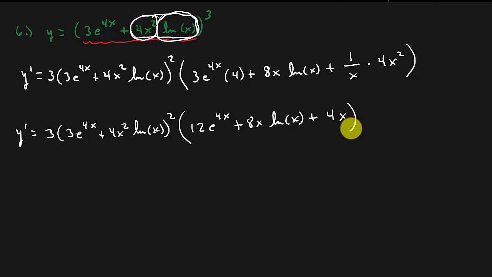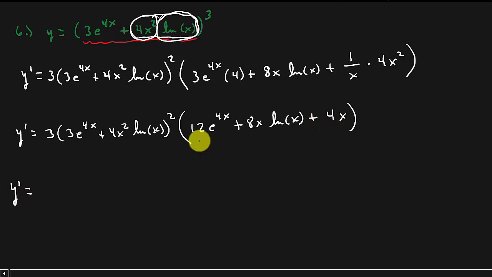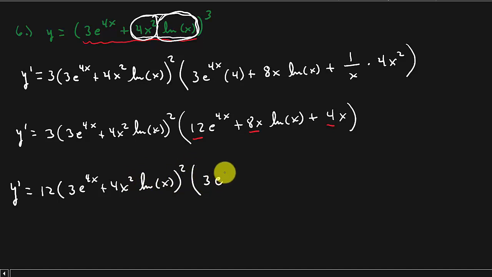And I mean, you know, if we wanted to, we could factor a 4 out. Let's just go ahead and do it for the fun of it. So if I factor out a 4, I'm factoring out the greatest common factor of the 12, the 8, and the 4. And so if I factor a 4 out, 4 times 3 is 12. (3e to the 4x plus 4x squared natural log x), all of that squared, times, all right, so that's going to be 3e to the 4x plus 2x natural log x plus x.